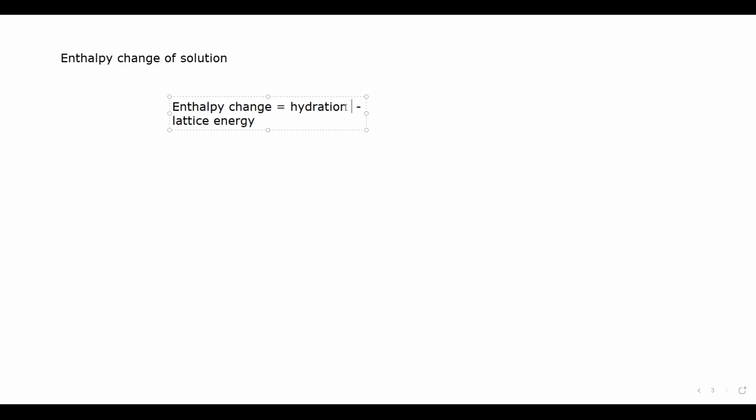That's the formula which we use to calculate the enthalpy change of a solution. And if the enthalpy change of a solution is negative, it will be exothermic, so it will be soluble.